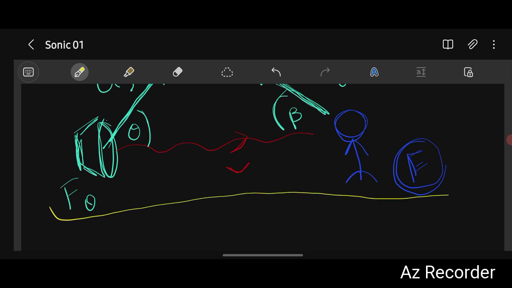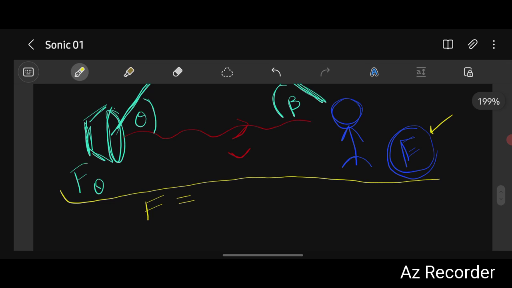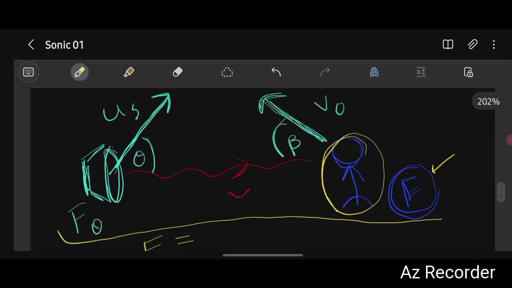The apparent frequency f equals, first we write the velocity of the observer relative to the air.